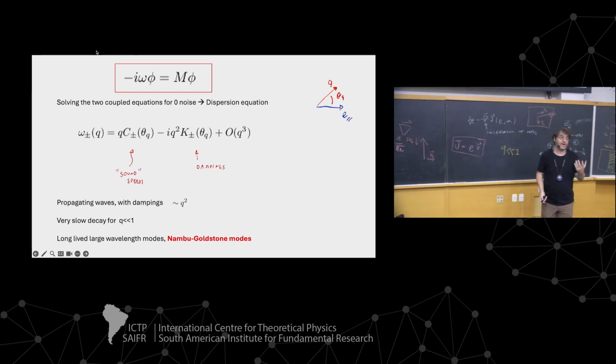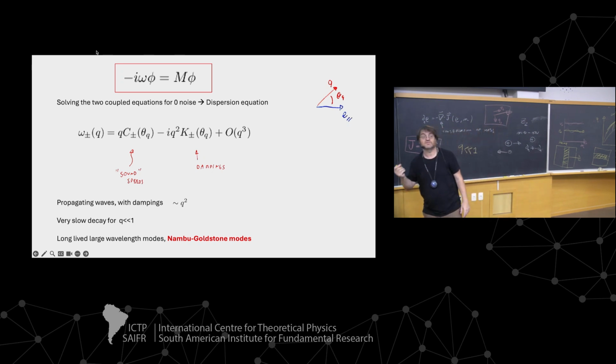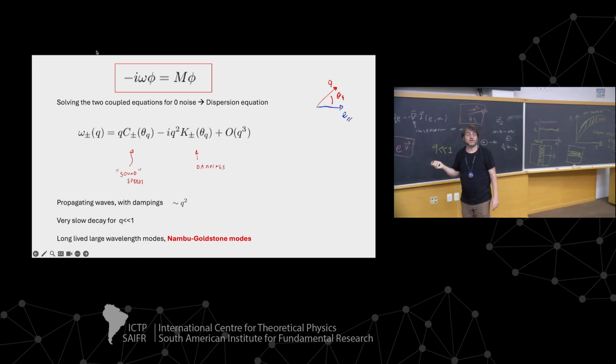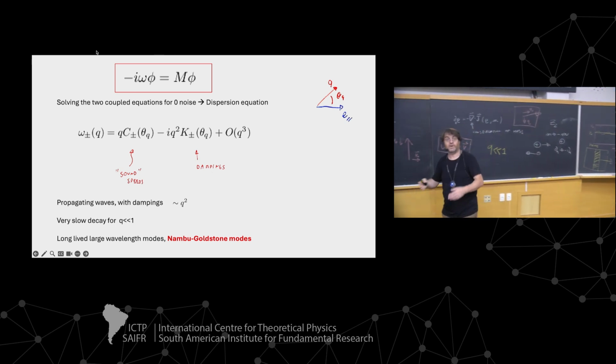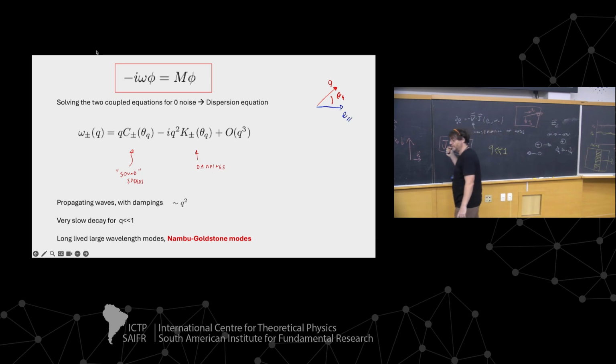When you look at sound waves, the real part of a dispersion relation is the sound speed. It tells you how fast you're propagating, basically. The imaginary part is the damping, how fast you get damped. So the q squared k part, the imaginary part, is the damping.